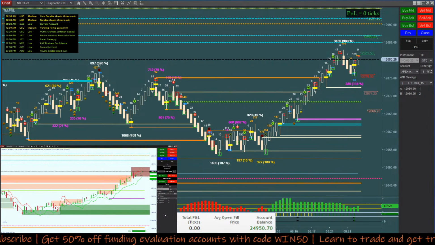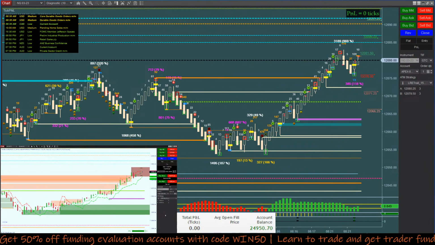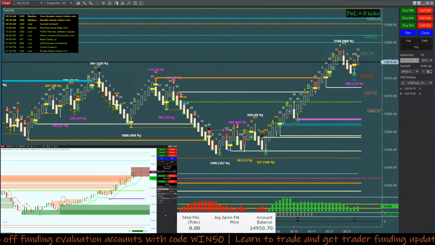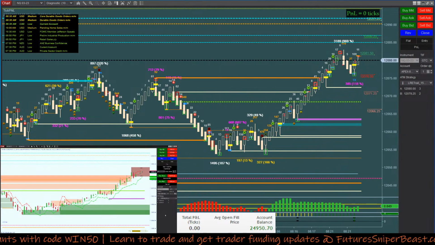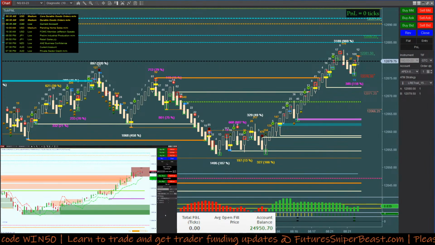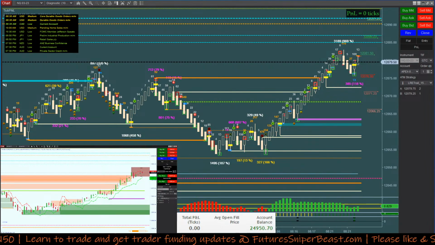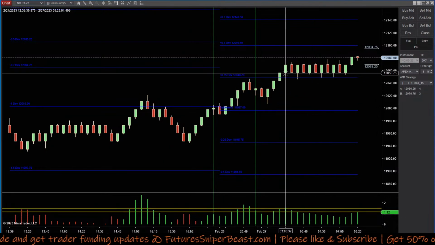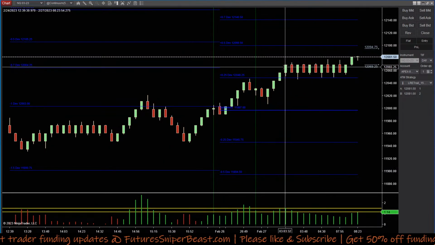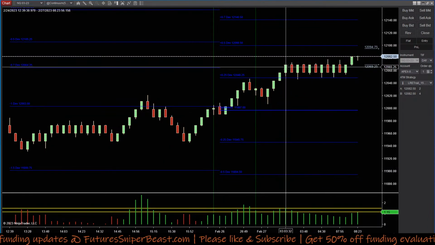We do have a Simplicity long breakout here. News is coming up, though. Look at this 50-tick chart. Man, it's been chopping since the London Open.